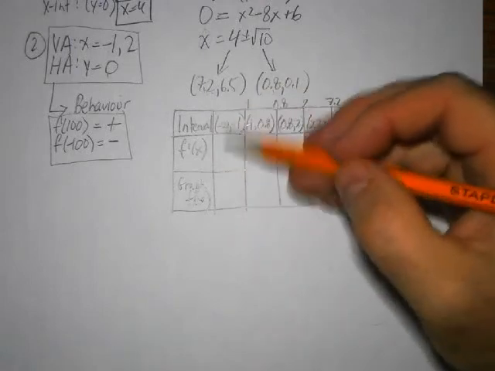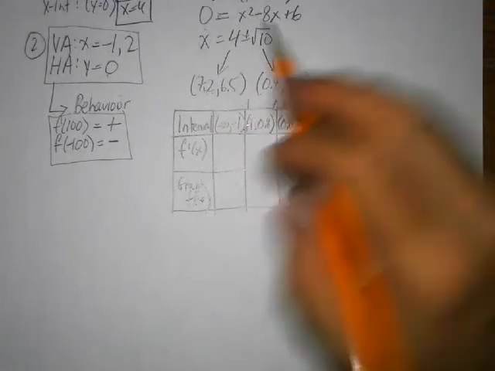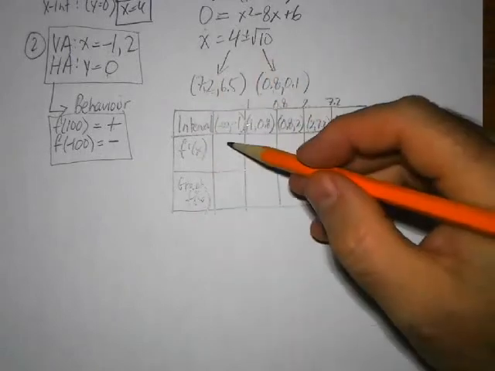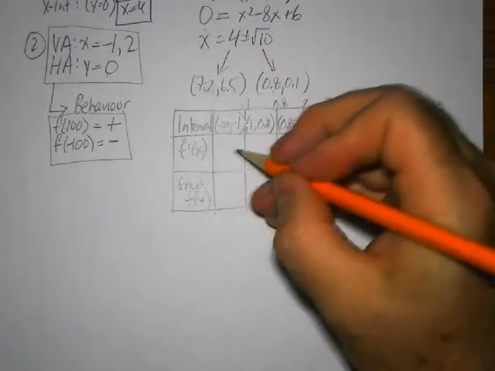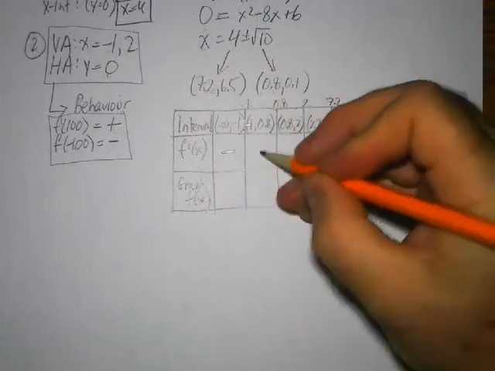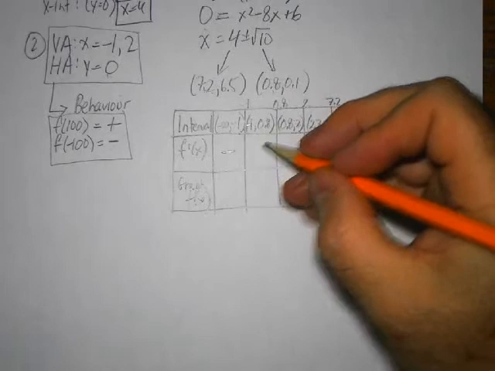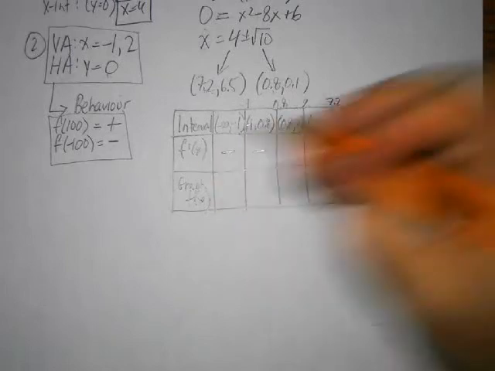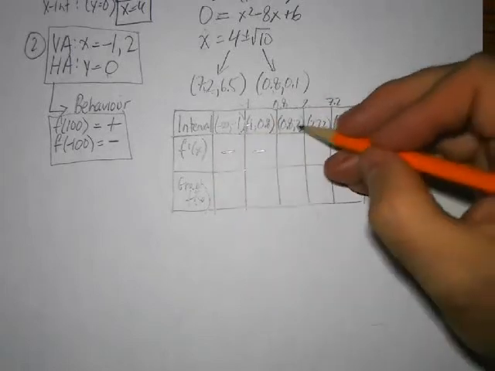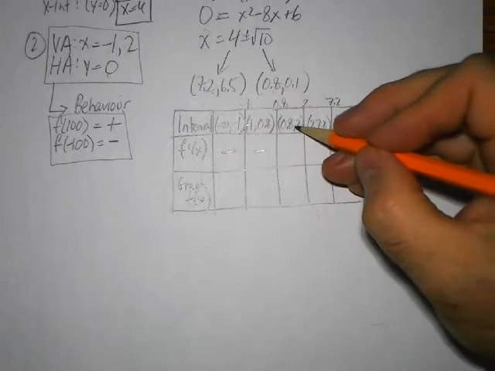If I plug in -2 into the first derivative, I'm going to get something that's negative. If I plug, say, 0 into the first derivative, I also get a negative value. If I plug, say, x equals 1, which is a test value in between here, I'm going to get something positive.